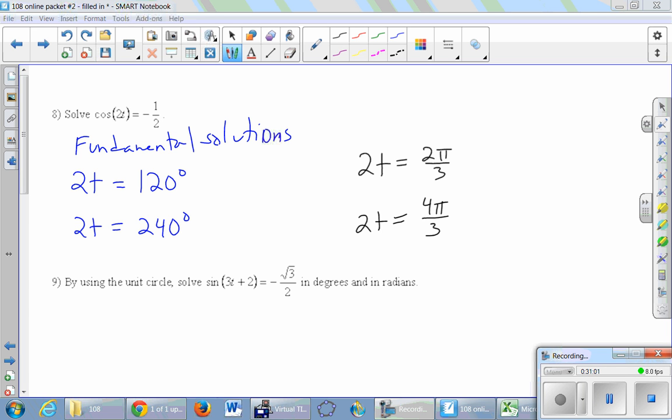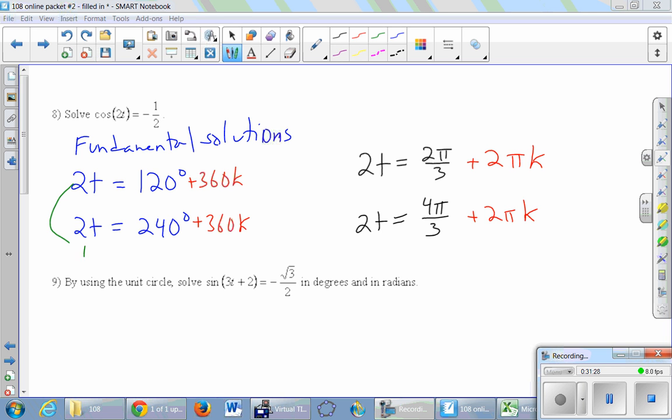Okay, and at this stage, before we divide everything by 2, I'm going to add here in red our plus 360k. Plus 360k. Same thing over here, but now it's 2 pi in radian version. And so here we divide everything by 2, and we'll be done as soon as we divide everything by 2.